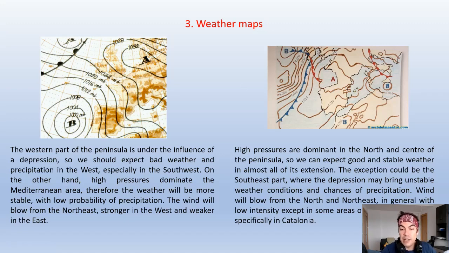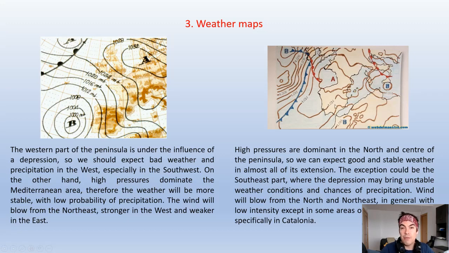And the only part in which we have a chance of precipitation or bad weather conditions is the southern part of the Iberian Peninsula, this southeast part, because of the influence of this depression here. So the wind will blow from the areas with higher pressure to the areas with lower pressure. So it will blow from the north or from the northeast to the south, okay?